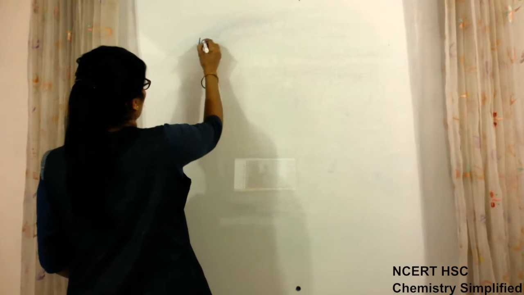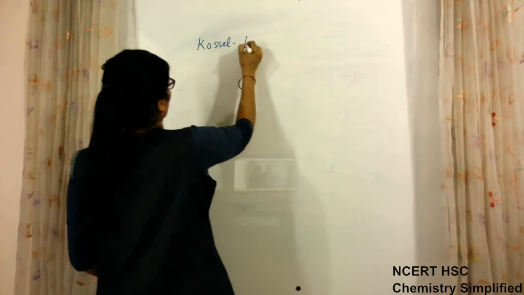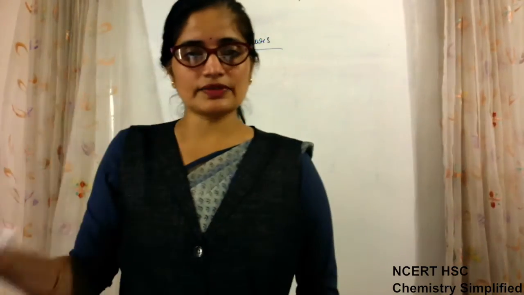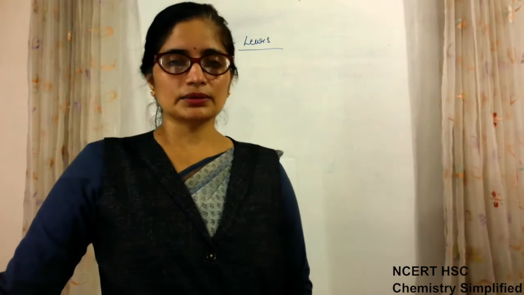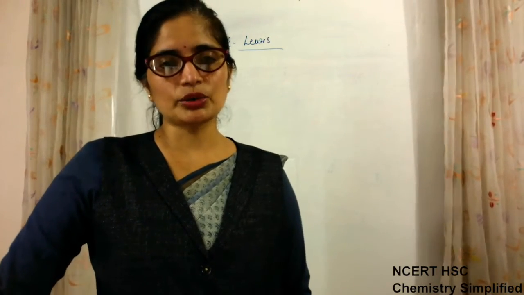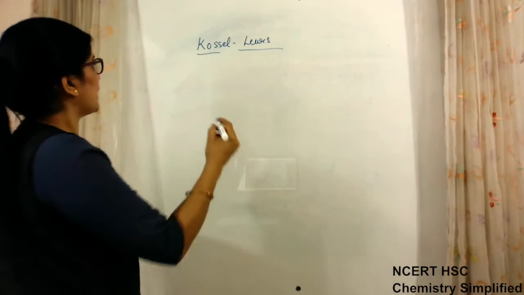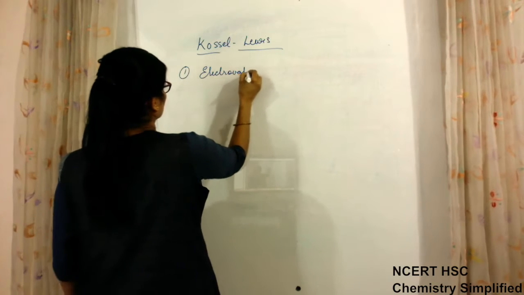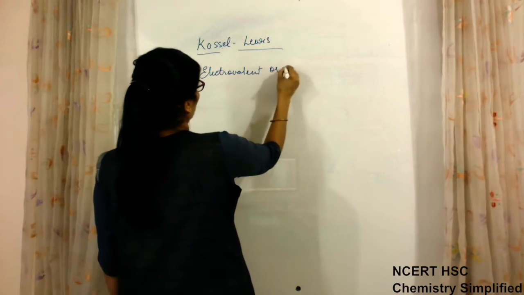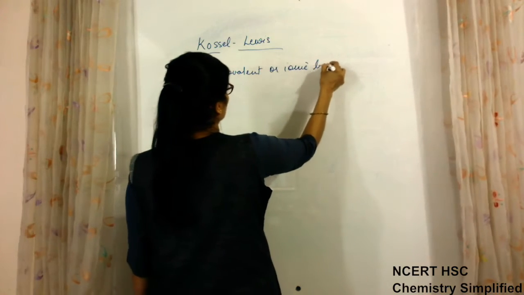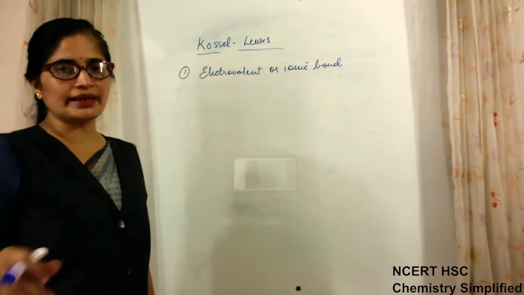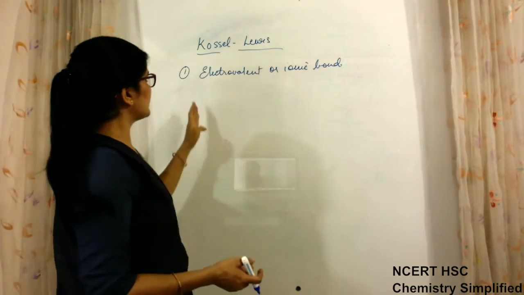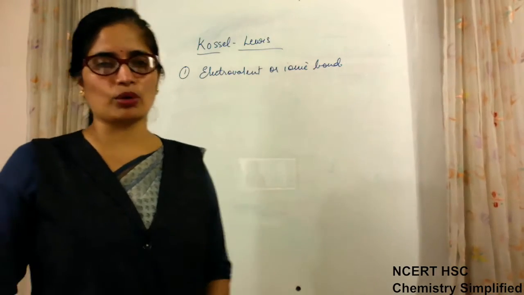Scientists named Kossel and Lewis first of all gave the method by which these elements undergo chemical combination, and they explained the formation of electrovalent or ionic bond. Means the first bond which takes place between two elements was explained by Kossel and Lewis, and that was electrovalent or ionic bond.